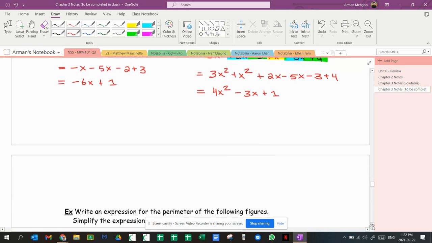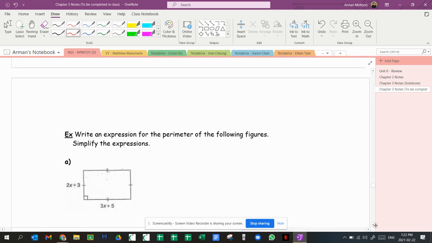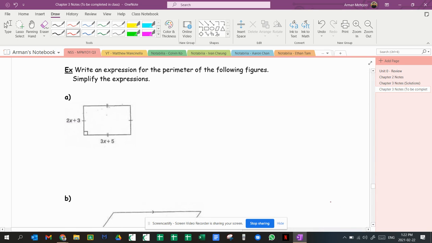Okay, let's keep going. Write an expression for the perimeter of the following figures. Simplify the expression. So the perimeter of any shape is just 2 times the length plus 2 times the width. Actually, let me rephrase that. Not any shape. Any four-sided shape is going to be 2 times one of the sides plus 2 times the other side.